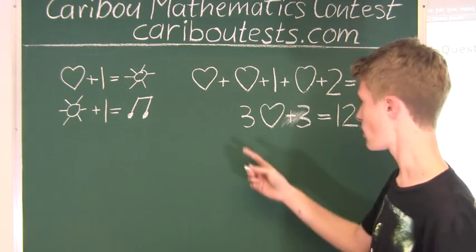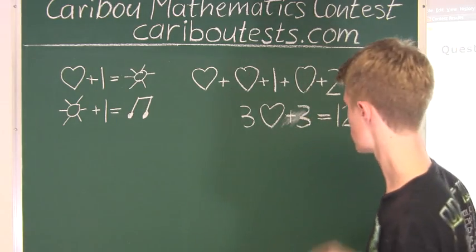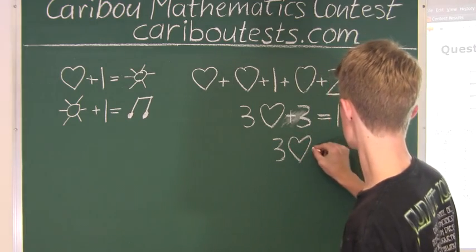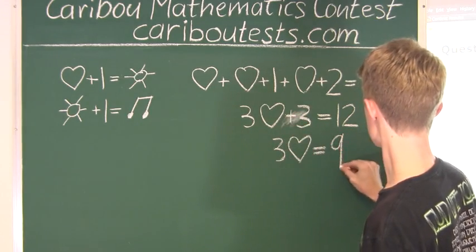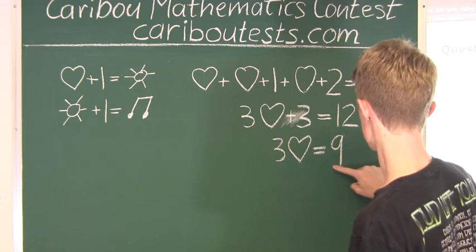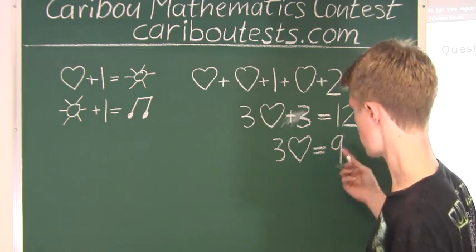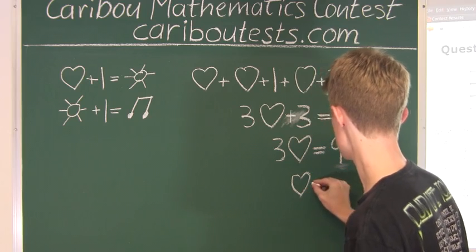Now we only want the hearts on one side, so we will subtract 3 from both sides. 12 minus 3 is 9. Since we only want the heart, we will divide both sides by 3, and we obtain that the heart is equal to 3.